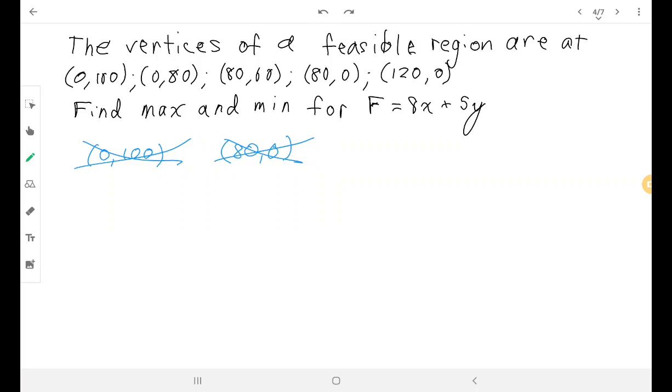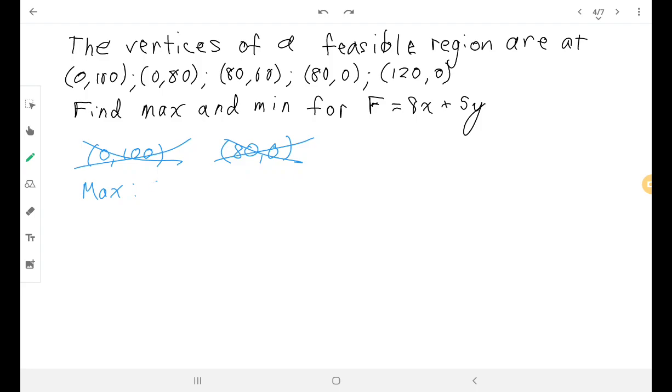So now I got to think about the other ones. For the maximum, I shouldn't bother testing that one, because certainly that one's got to be bigger. I've already eliminated 2 that I don't have to worry about at all.